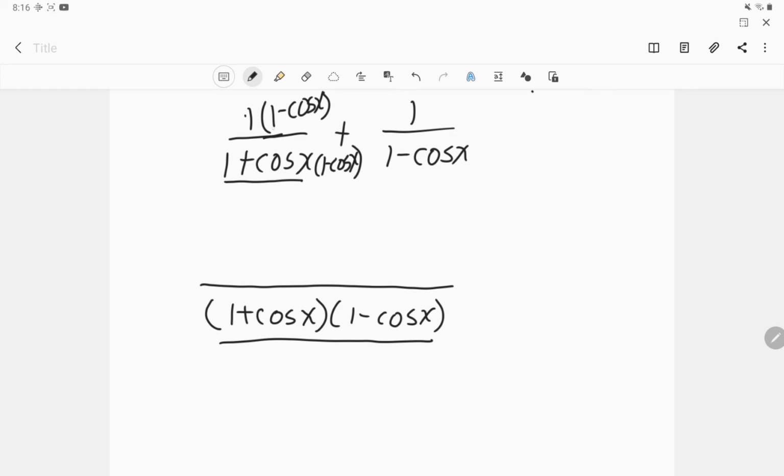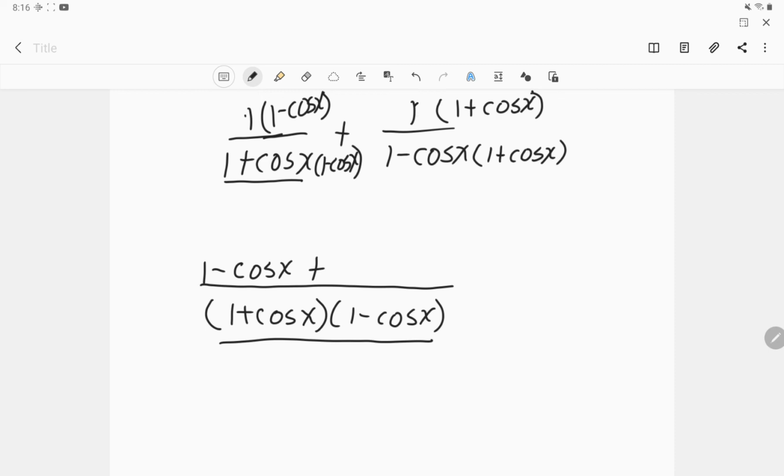Here I have 1 times 1 minus cos x, which is 1 minus cos x on the top. Plus, here, to get the common denominator, I would have to multiply by 1 plus cos x. That means I have to multiply the top by 1 plus cos x.